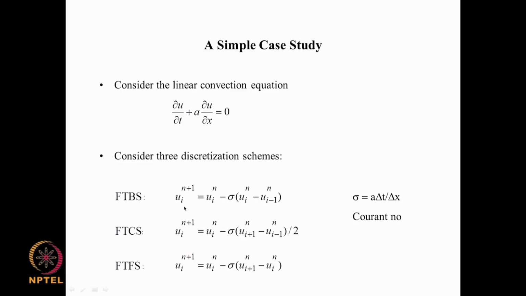So, that means that we have a solution ui at n plus 1, for example at the 9th point and the 10th time step, which depends on the previous time step values, and the previous time step values depend on the previous time step values, and so on.